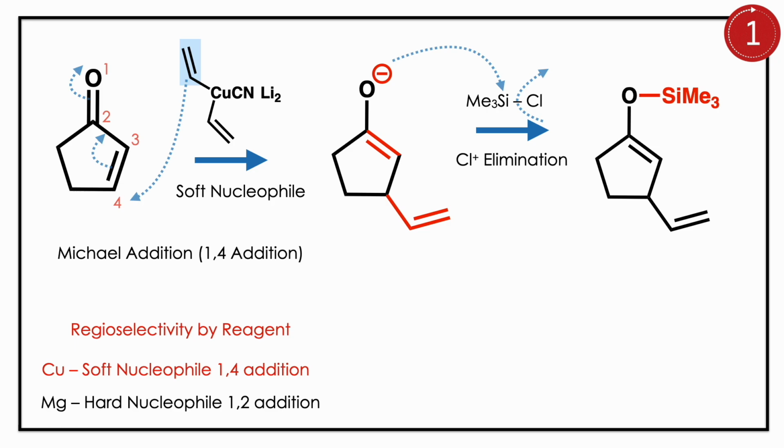Basically, it's a Michael addition. So the reagent donates vinyl there. Vinyl is the nucleophile. It attacks the fourth position. Trimethylsilyl chloride stabilizes the enol form. So O-silyl bond forms. So finally, you have substitution at the fourth position. The concept you outline here is copper always provides soft nucleophile which promotes regioselective 1,4 Michael addition.